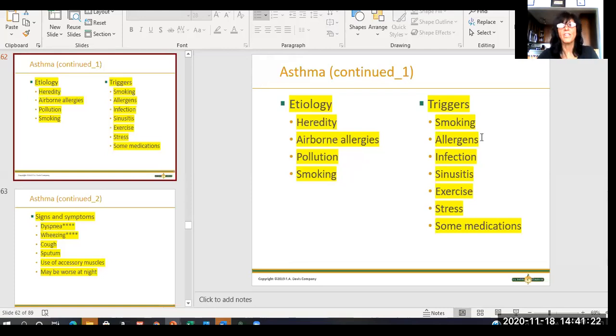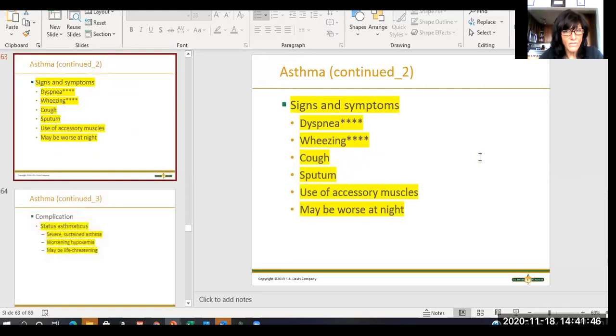Allergens are things like cat and dog dander, ragweed, dust and pollen. They can trigger an asthma attack. Infections, even if it's not a lung infection. If you have a UTI, it throws off homeostasis, you can wind up with an asthma attack. Stress, right? Lots of things. Stress will kill you before anything else, okay?